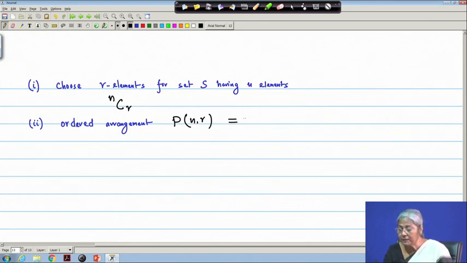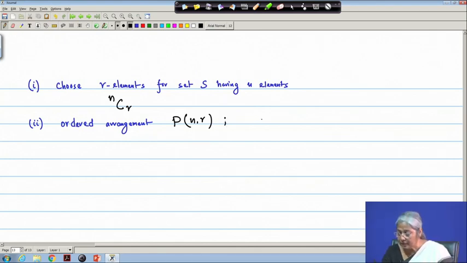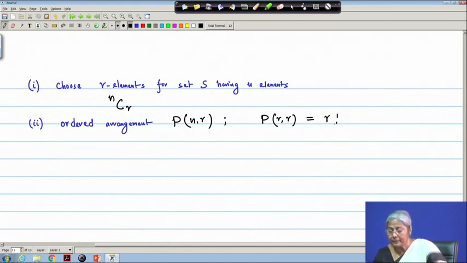Now, here if it is P(r,r), then from r elements, this is r factorial.